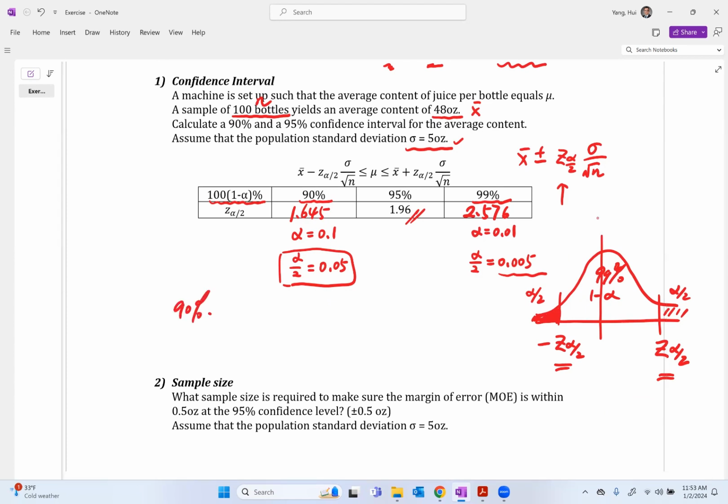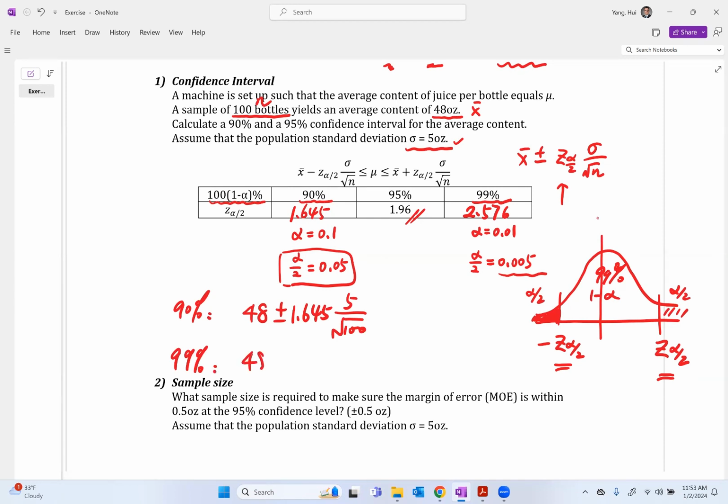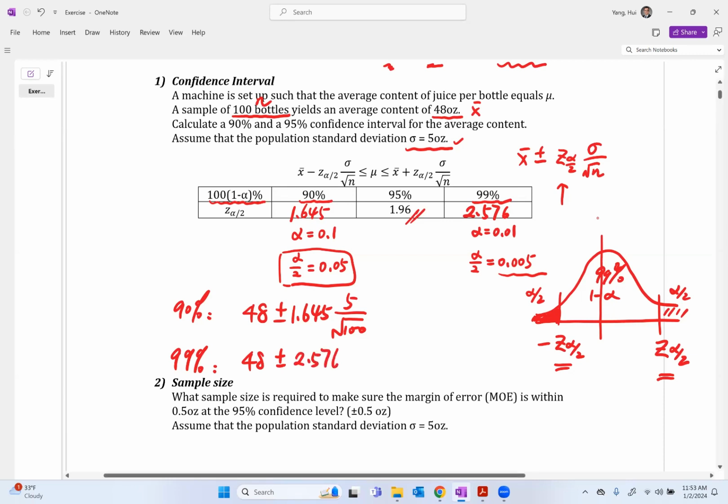For the 90% confidence interval, this will be 48 plus minus 1.645 times 5 over square root of 100. For 99%, this will be 48 plus minus 2.576 times 5 over square root of 100.